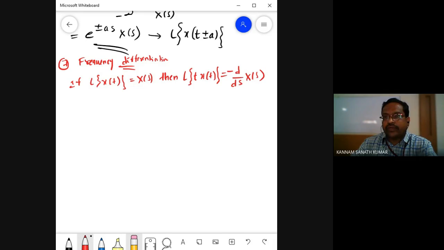So when you multiply t with x of t in time domain, you get the minus of differentiation in frequency domain.